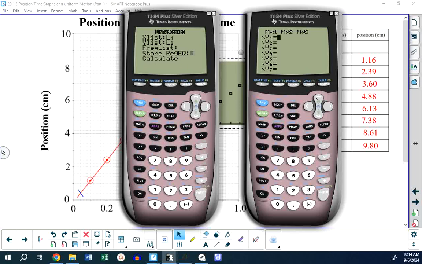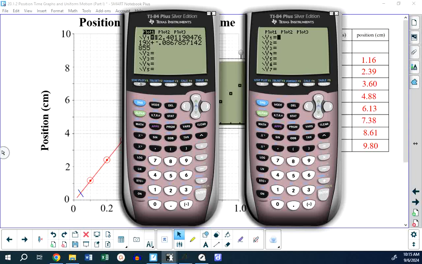And that's Y1. And if you look, there's a vars button, stands for variables. If I choose it and go over to Y variables and choose function, there are all my functions. So I can go Y1. Now watch what happens when I go calculate. It gives me the equation, and if I go to Y1, I got the equation in there. I could have written it down and typed it in there, but the whole equation is there.